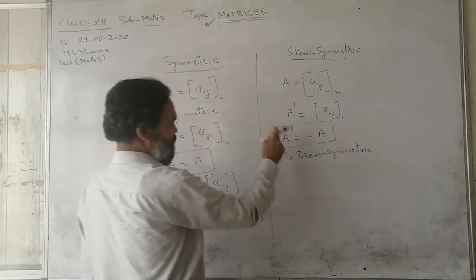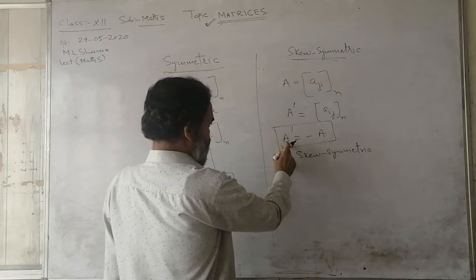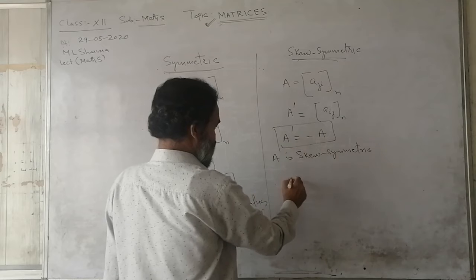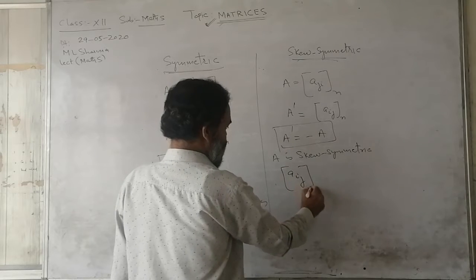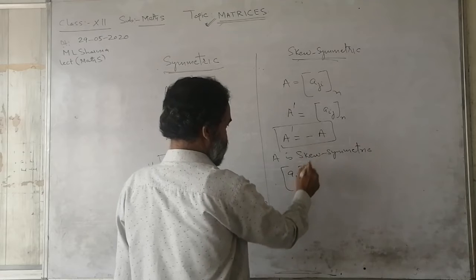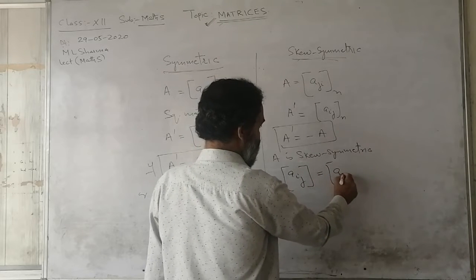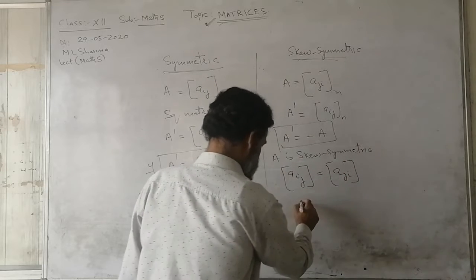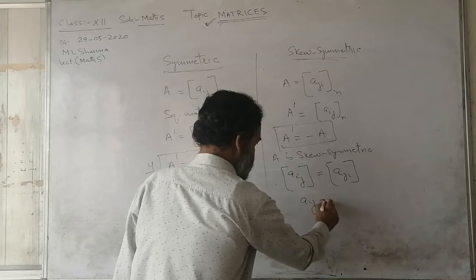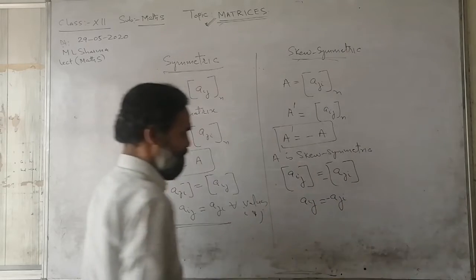So here I can say A transpose means A_ij must equal A_ji, or A_ij equals minus A_ji.